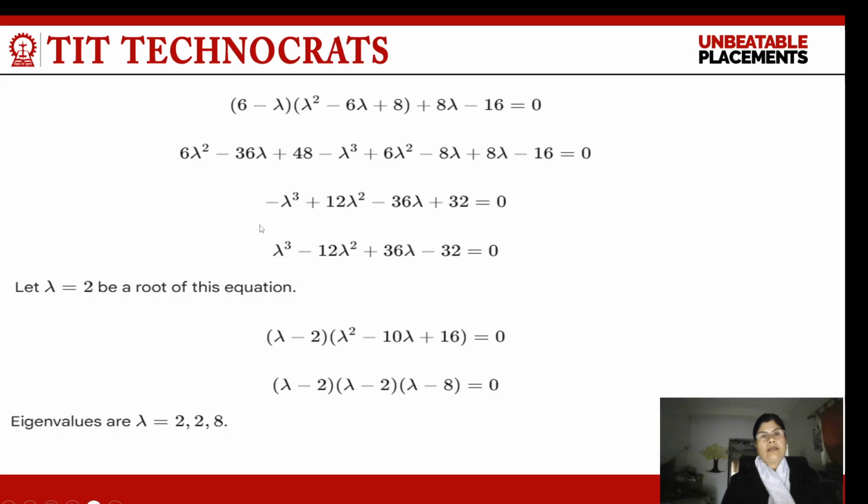Now we multiply by minus 1 on both sides, so we get lambda cube minus 12 lambda square plus 36 lambda minus 32 is equal to 0. Now we take lambda is equal to 2 as a root of this equation. So we get (lambda minus 2)(lambda square minus 10 lambda plus 16) is equal to 0, and (lambda minus 2)(lambda minus 2)(lambda minus 8) is equal to 0. So we get eigenvalues lambda is equal to 2, 2, 8.